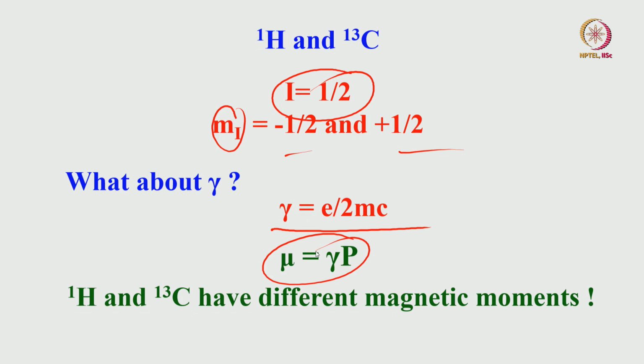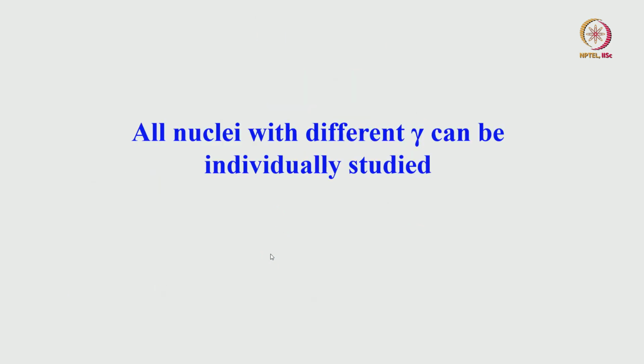So although both proton and carbon 13 have the same spin quantum number I and the same magnetic quantum number m, their magnetic moments are different. These two have different magnetic moments. That is why different nuclei have different magnetic moments and they can be individually studied.